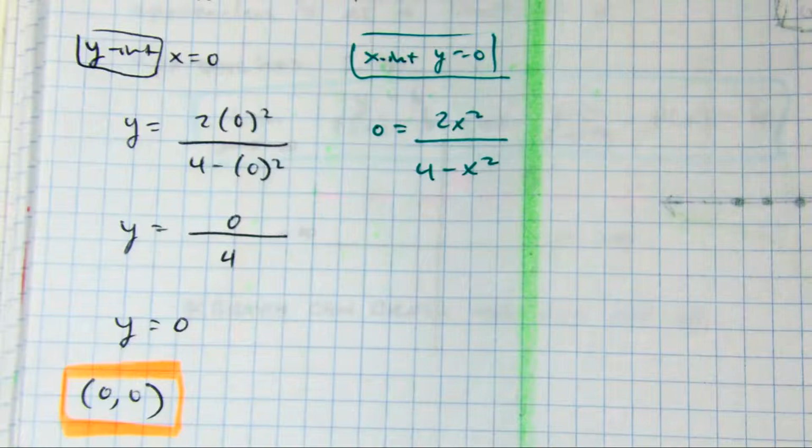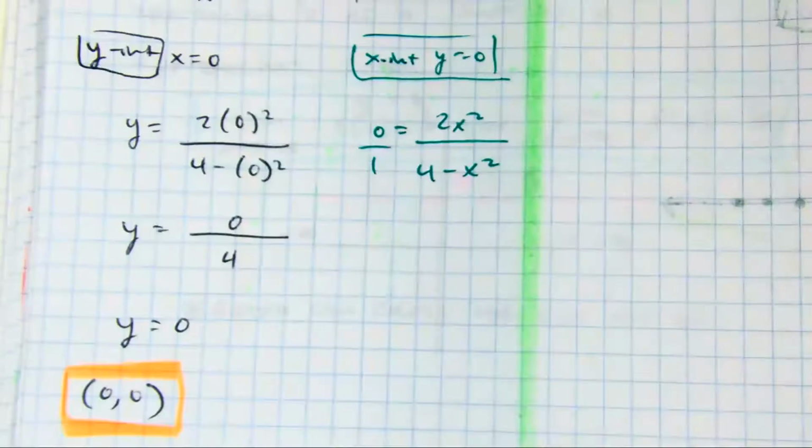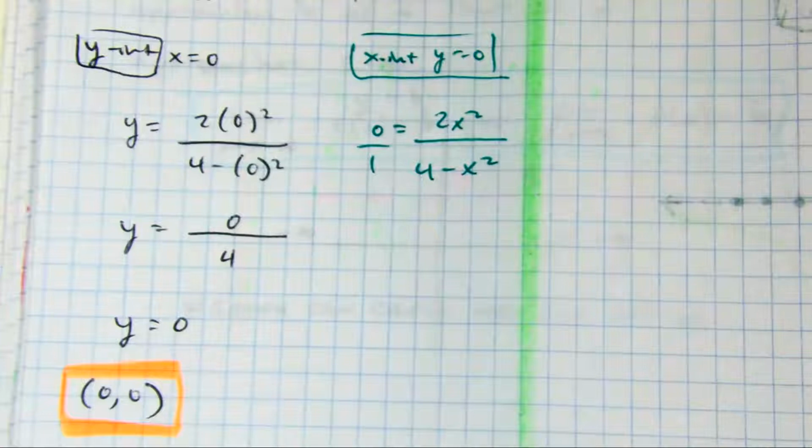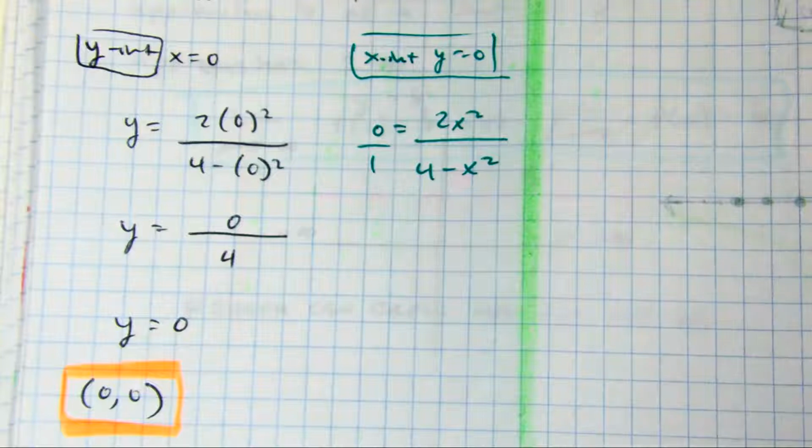Yeah. Okay. Now what? Multiply? What type of multiplying? Everyone talk to your partner. How do you solve proportions? Ready, set, go.